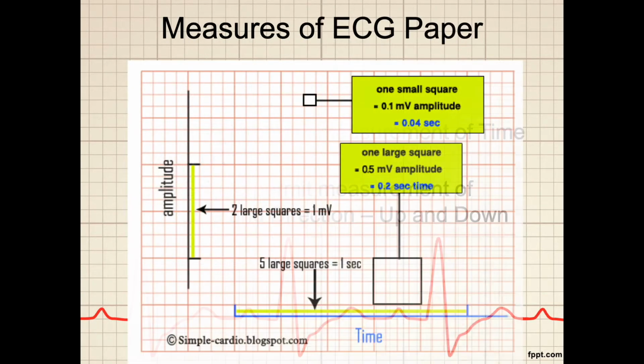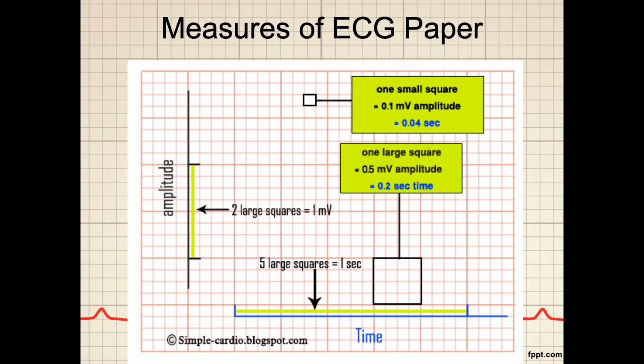The ECG paper does measure amplitude, and it's divided into big squares and little squares. You will see on top that one small square equals 0.1 millivolt up and down. However, left to right, one small square equals 0.04 of 1 second, or 4/100ths of a second.